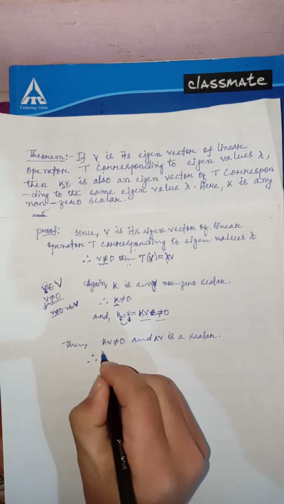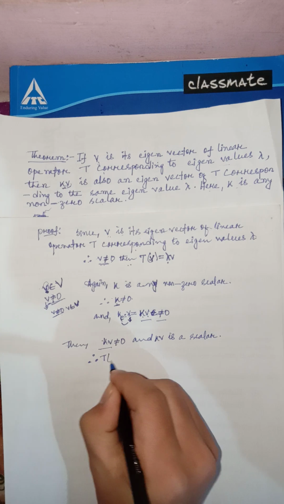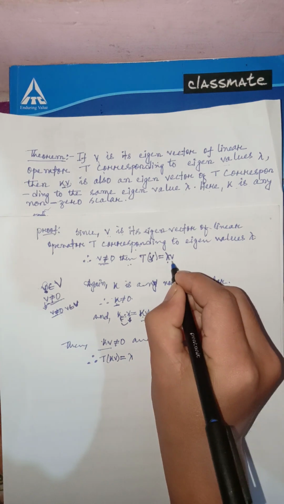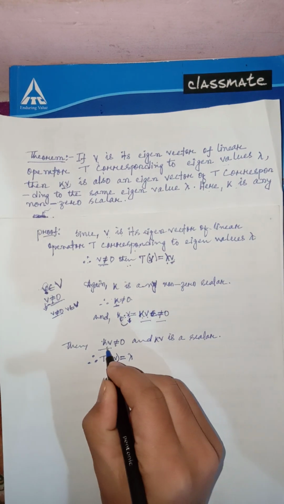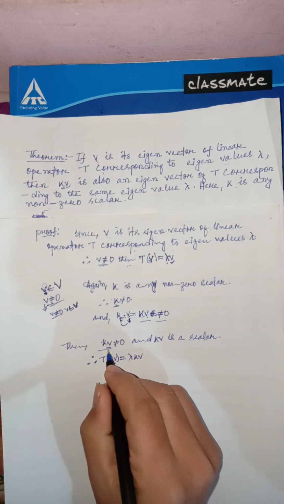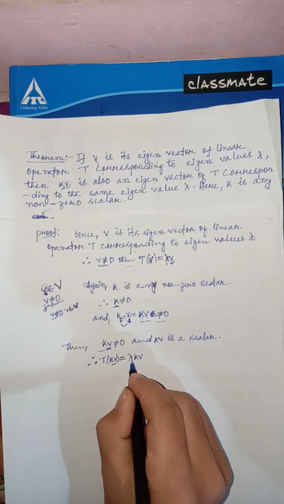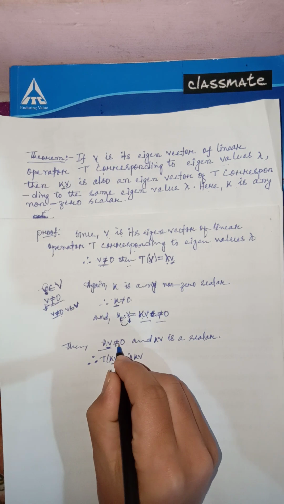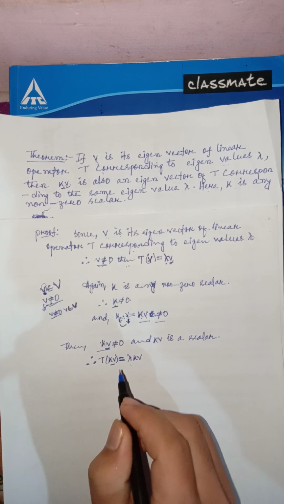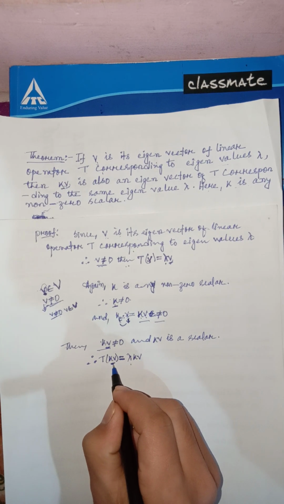Then at last we can conclude that T of kv is equal to lambda kv. Here actually only v is there, but here we have kv, so lambda kv. So at last we can conclude that this kv can be expressed in this form by using whatever is stated in the theorem, which is the form of an eigenvector.